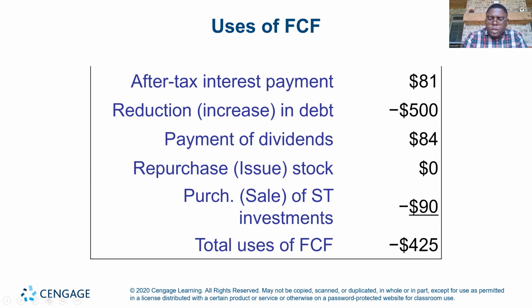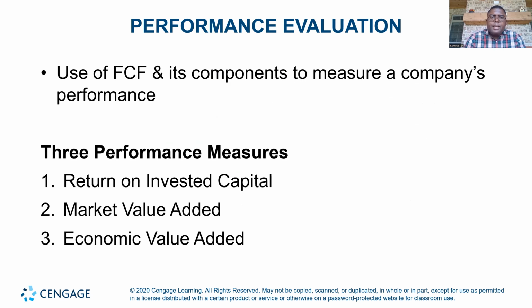All right. So the next assignment we have is to look at some performance evaluation measures. In this chapter, we are going to use the free cash flow and its components to measure a company's performance.